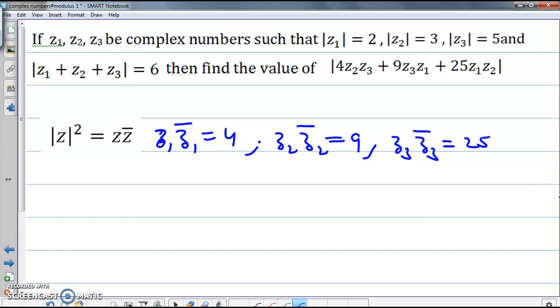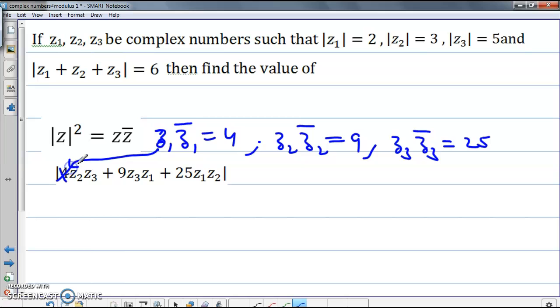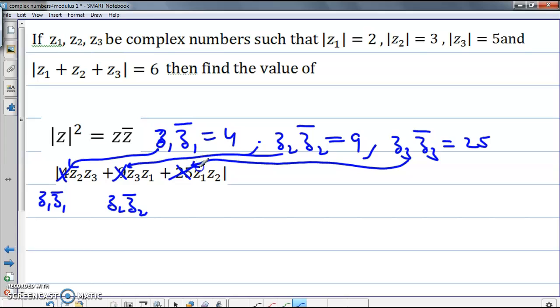So now we are going to evaluate this. Here we replace this 4 by z1 conjugate, 9 by z2 conjugate, and similarly 25 by z3 conjugate.